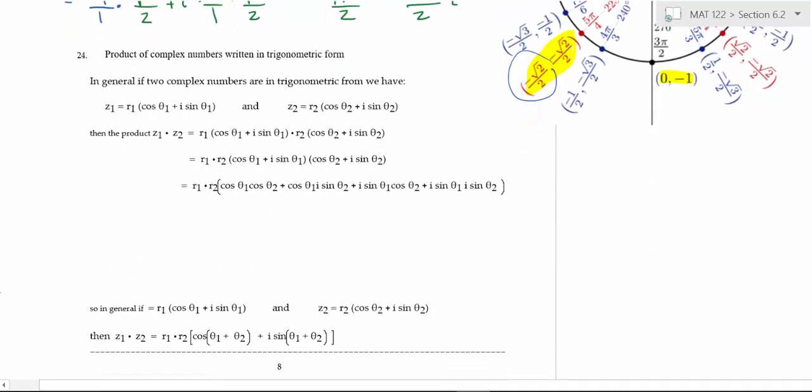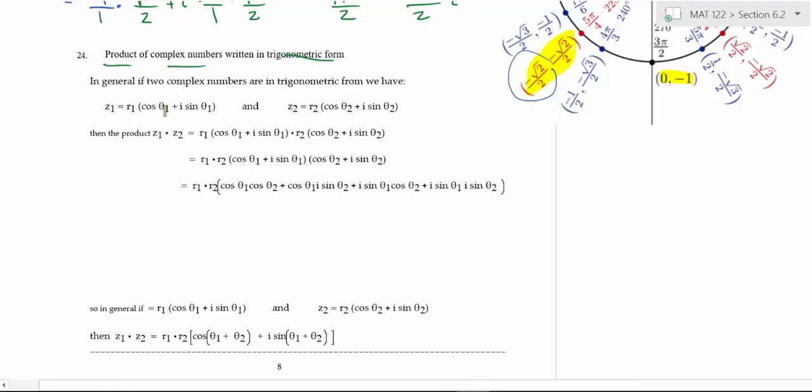Okay, so the next thing we're going to do is we're going to develop a formula for the product of complex numbers that are in trigonometric form. Okay, so I've gone through and already typed out some of the steps on this proof. And what I'm doing on this is I want to mainly get down to this point and see how we use an identity that we learned earlier in the semester.